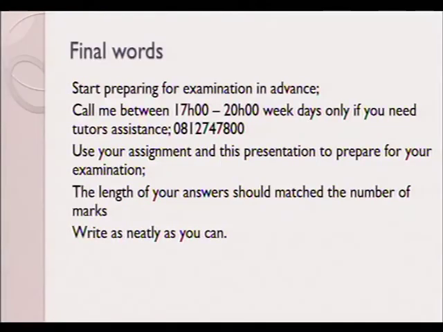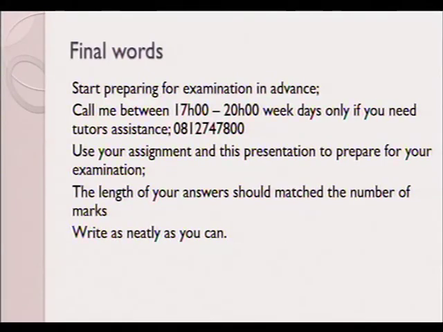If you just calculate somewhere and you write the answer is 200, you will just get 1 mark and you lose the other 2, because the other 2 marks are based on the method that you are using and how you are doing your calculation. So it's very important that you look at the marks and make sure that your answer correlates to that mark. And then start preparing for the examination in advance, as I said already.